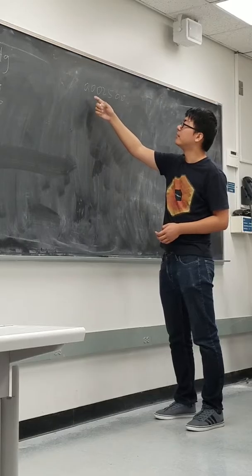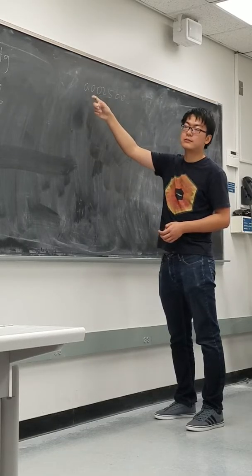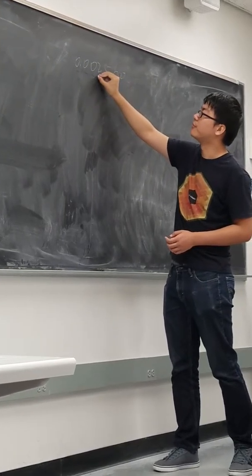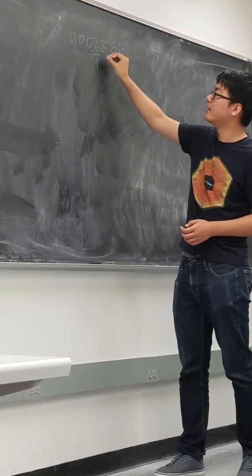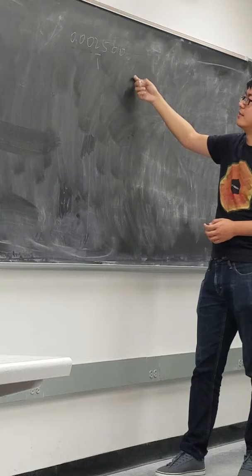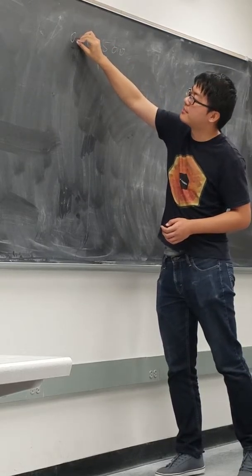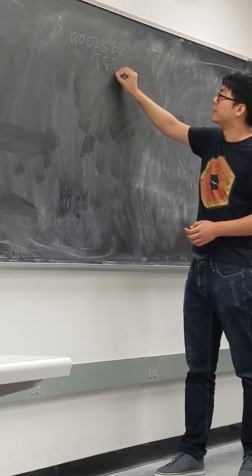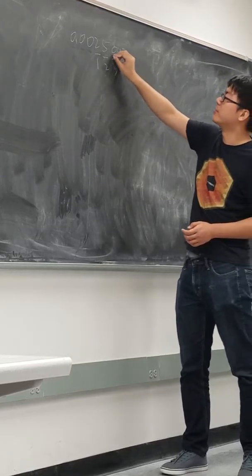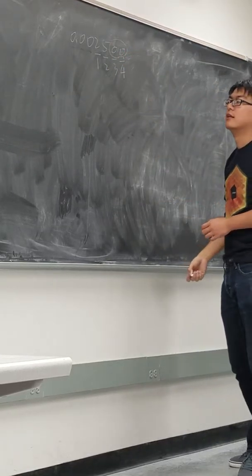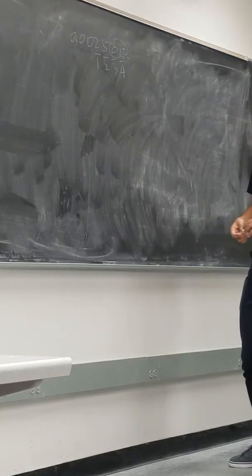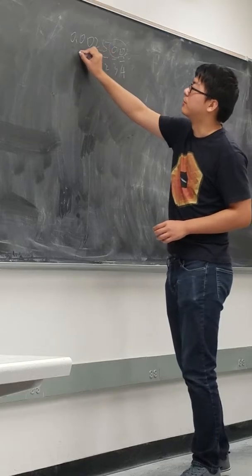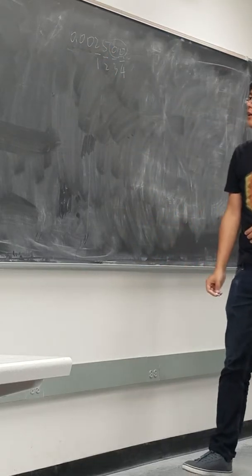So for example here, these three zeros don't count. You start from the first non-zero digit here, 1, then you count all the way to the end. If the number contains a decimal point, you count all the way to the end. Now it's very important you include these zeros. They also contribute to the significance.